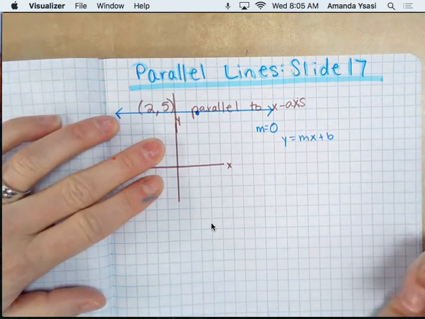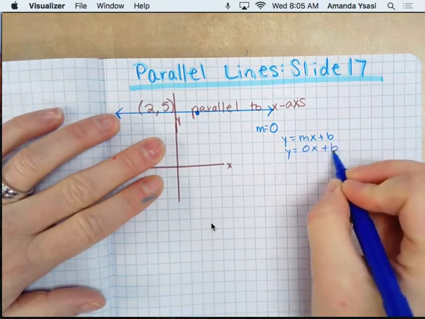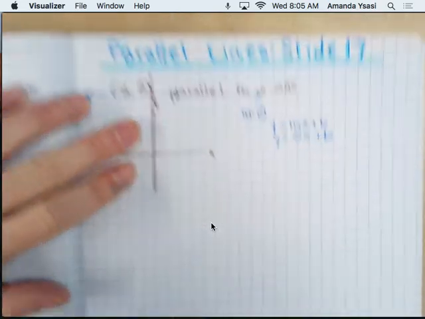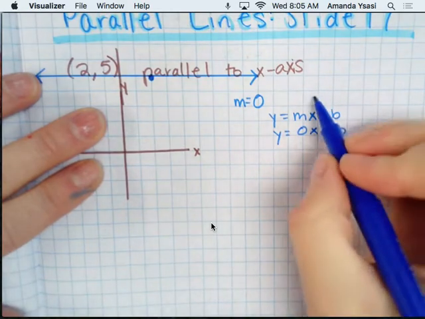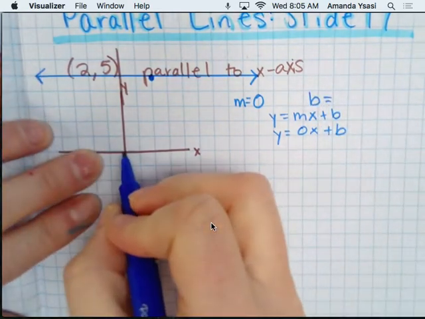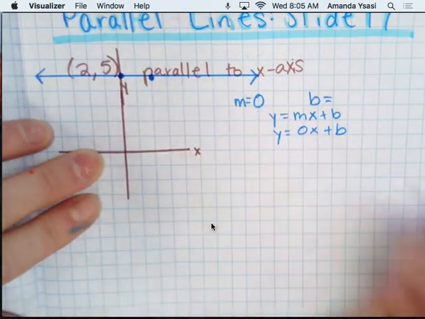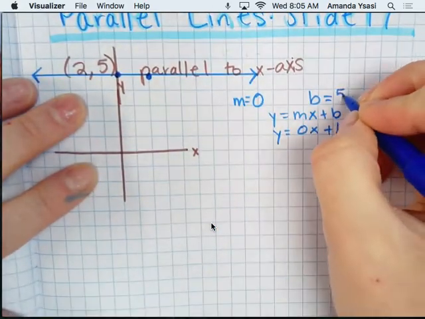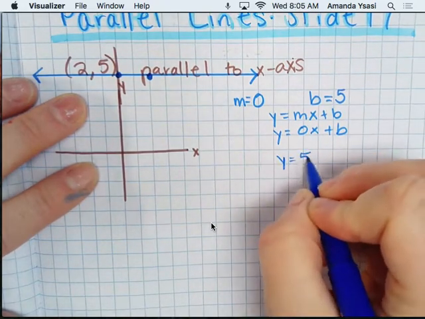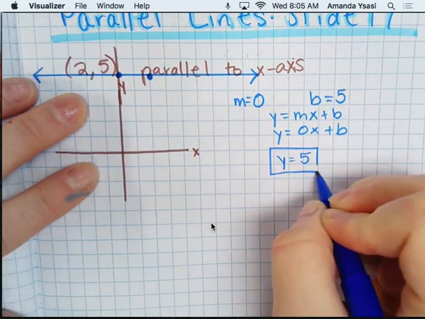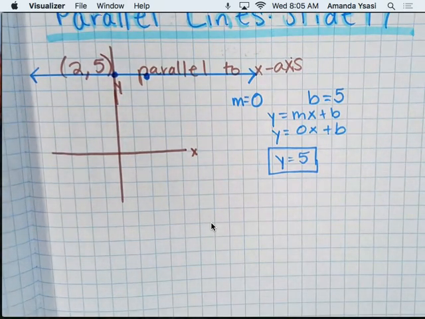If it's a zero slope, then it's y equals 0x plus b. And we know, can we find out what our b is? Where does it cross the y-axis? 5. So our equation is y equals 5. That was easy. Yep.